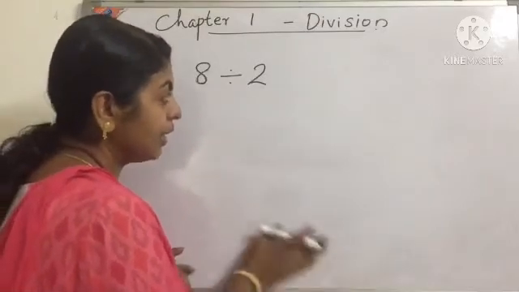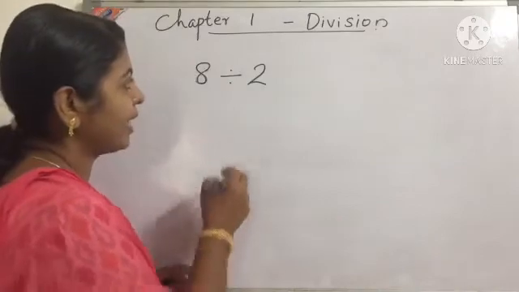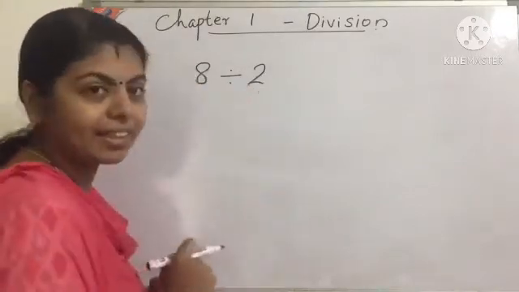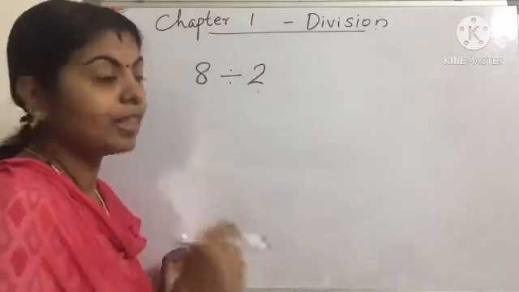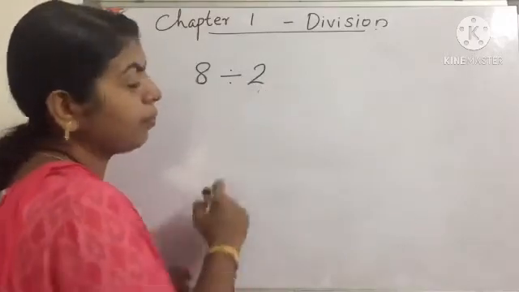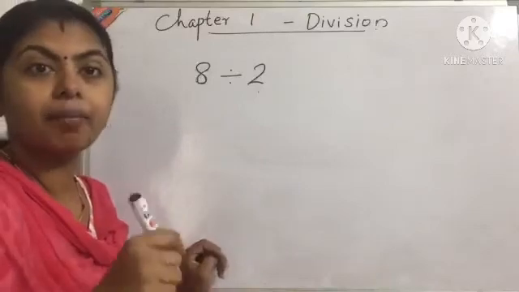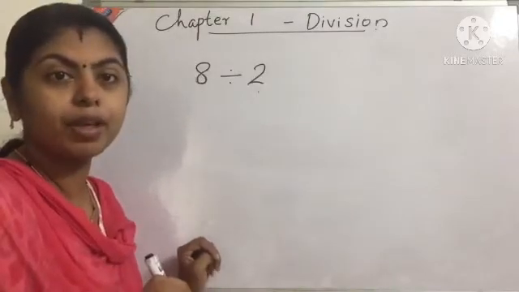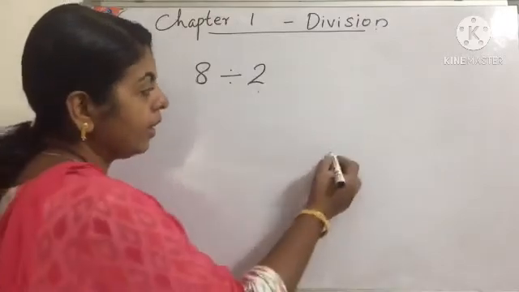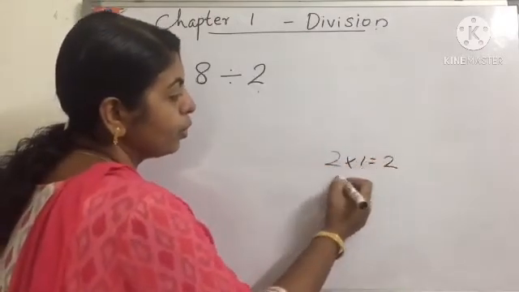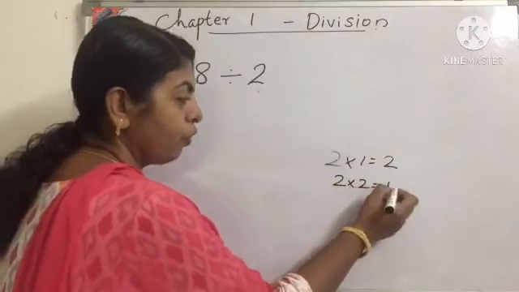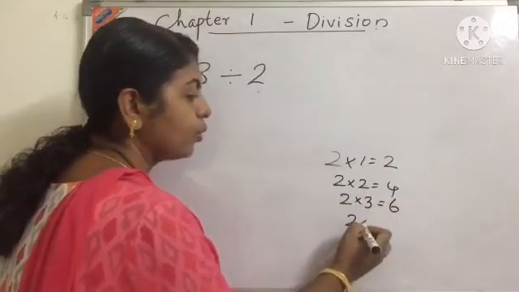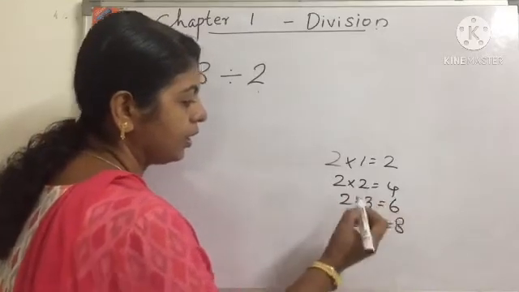You will get the answer from the multiplication table. 2 into which number gives 8? Go through the multiplication table of 2. 2 ones are 2, 2 twos are 4, 2 threes are 6, 2 fours are 8.